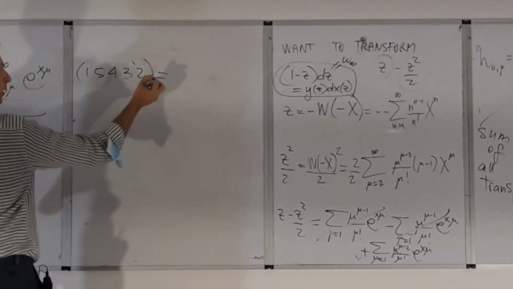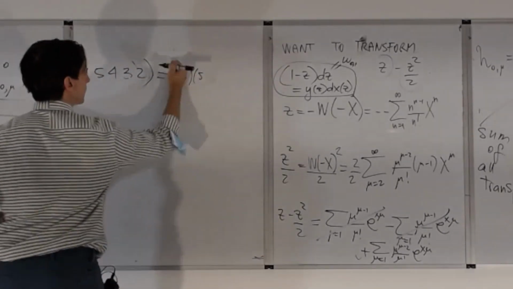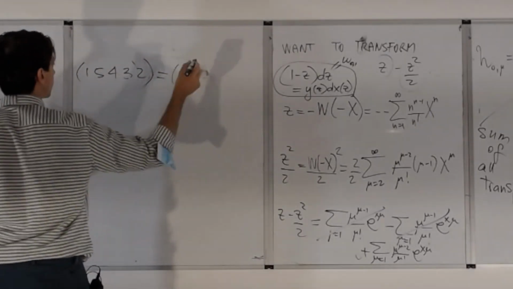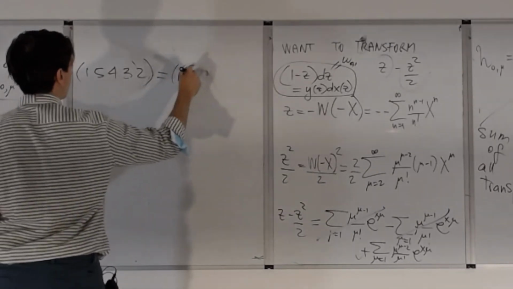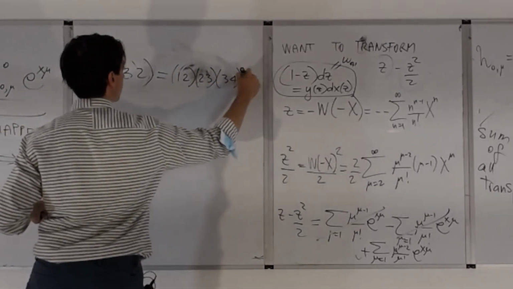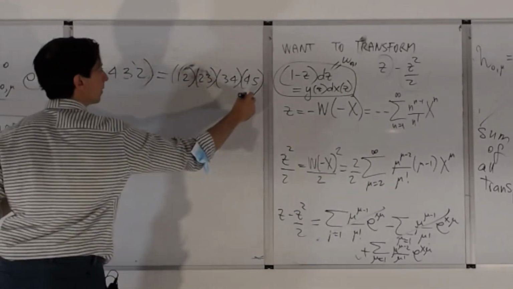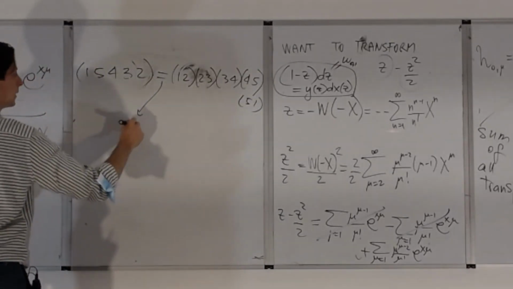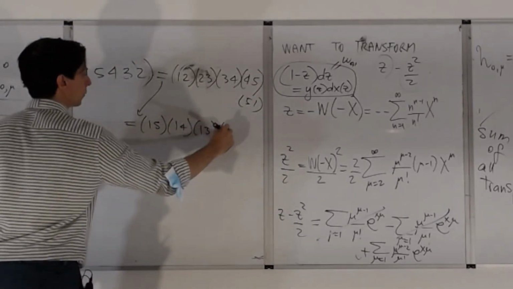For example, you can write this as 1, 5, and then 5, 4. I should start the other way around. I don't remember how to do this. 1, 2, 2, 3, 3, 4, 4, 5. And then maybe 5, 1, something like that. But you can also write it as 1, 5, 1, 4, 1, 3, 1, 2, right?